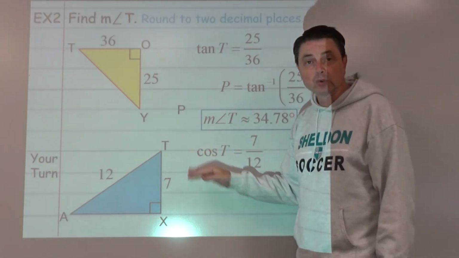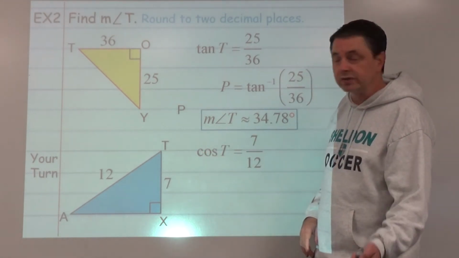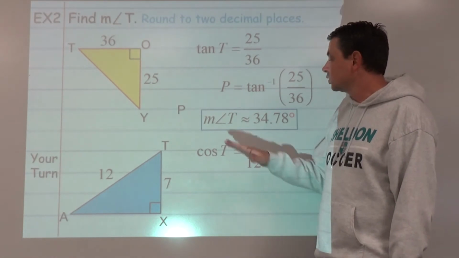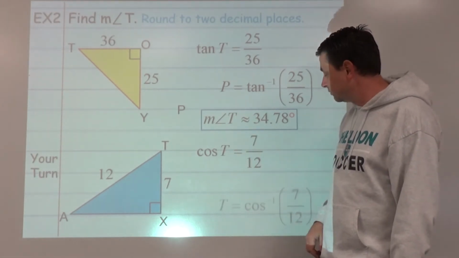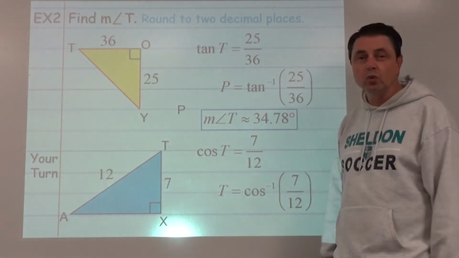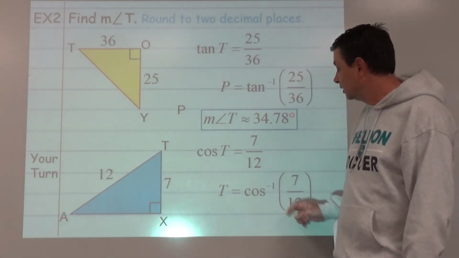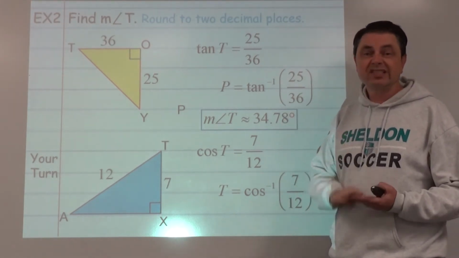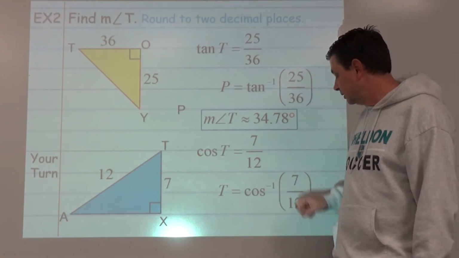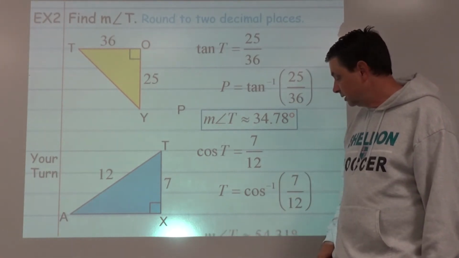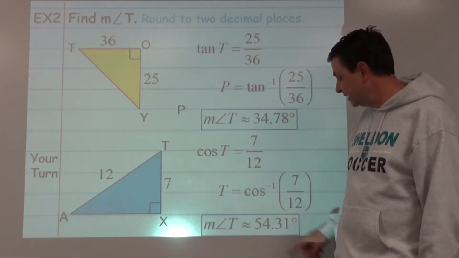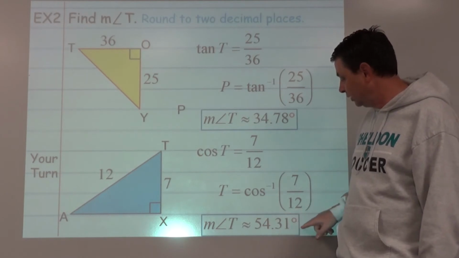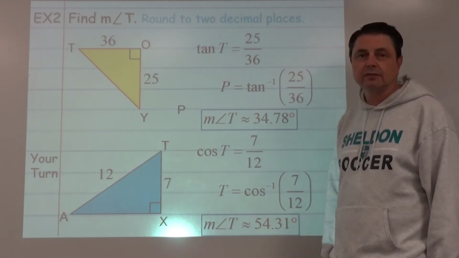To get rid of cosine, let's do inverse cosine. So inverse cosine of both sides, T equals inverse cosine of 7 over 12. Ready for calculator. Second cosine, 7 over 12. We get the measure of angle T is about 54.31 degrees.